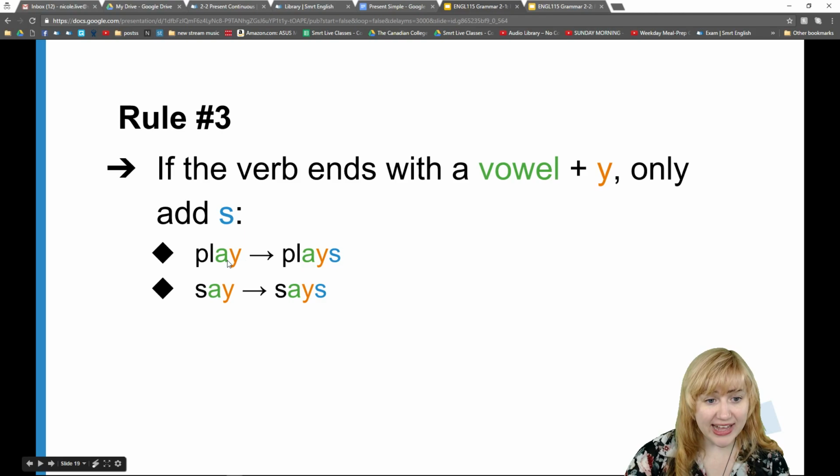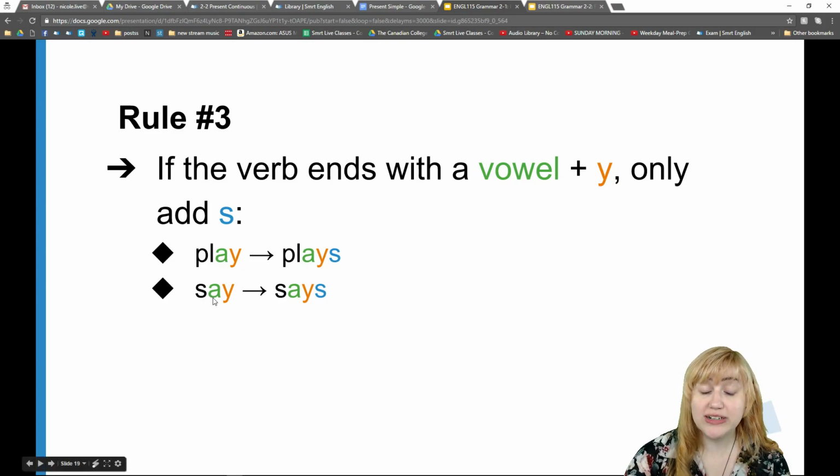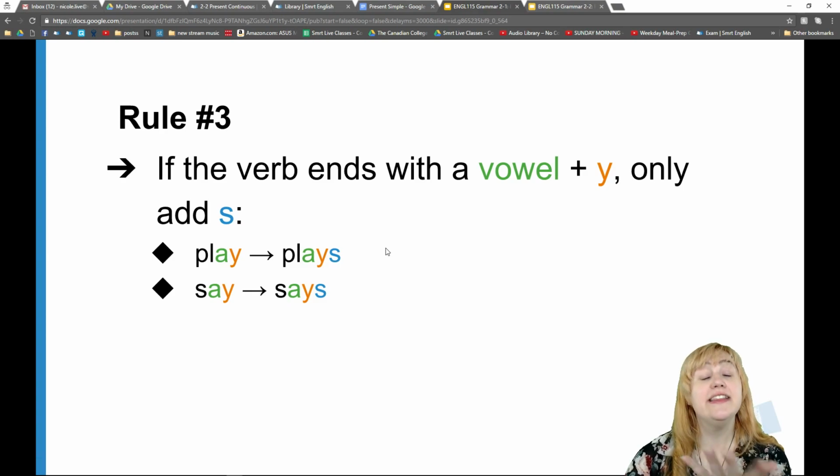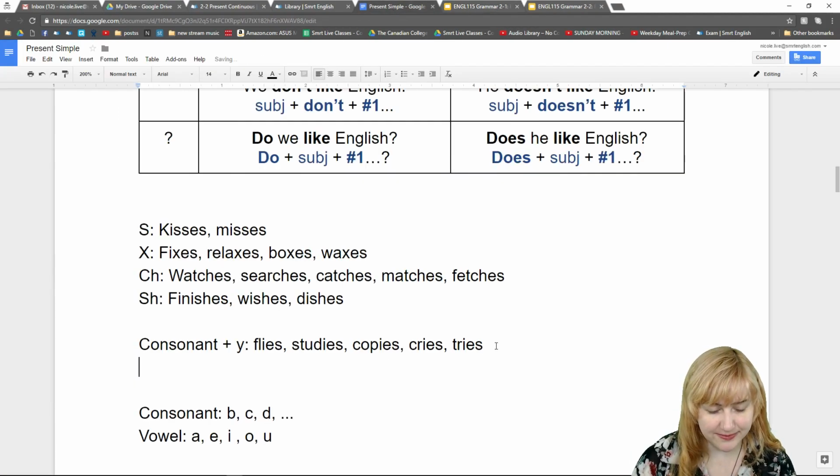So before the Y, you see here we have the letter A. A is a vowel, so we don't need IES. We just put S. And it's the same for the word say. The letter A is before the Y, so we don't need IES, just S. And the same for the word enjoy. Someone wrote that in the chat. So let's put those examples.